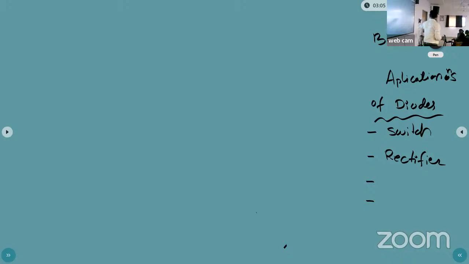Okay. Now the rectifier. The rectifier is an application of the PN junction diode. It converts AC voltage into pulsating DC voltage, not pure DC. Now, what is AC voltage? Alternating current.